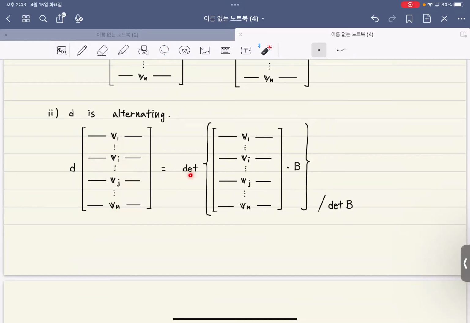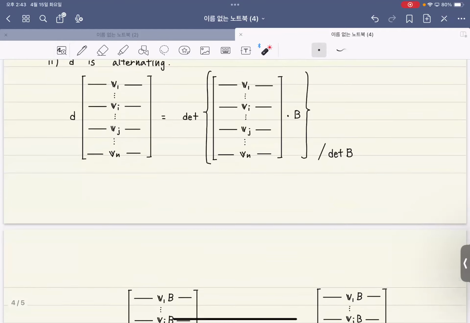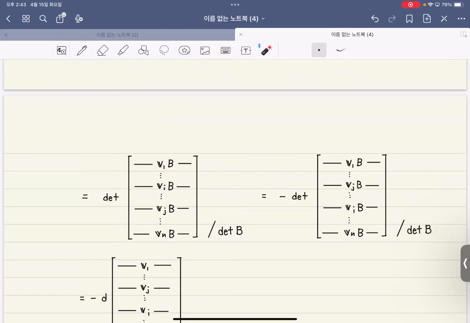Again by definition, it is the determinant of this matrix multiplied by matrix B, everything divided by determinant of B. By using the same logic, the product of these two matrices has rows V1 times B, Vi times B, Vj times B, all the way to Vn times B. We are supposed to compute the determinant of this matrix, but we already know the determinant is an alternating function.